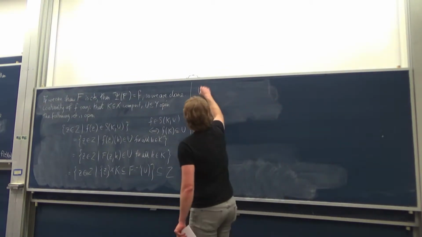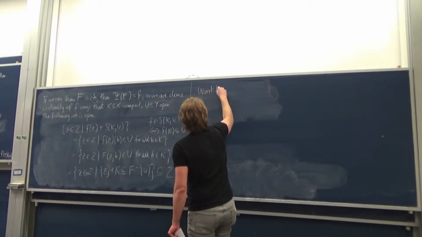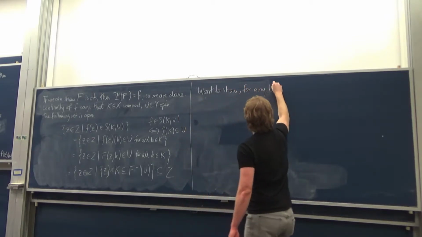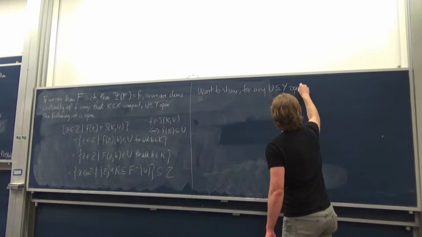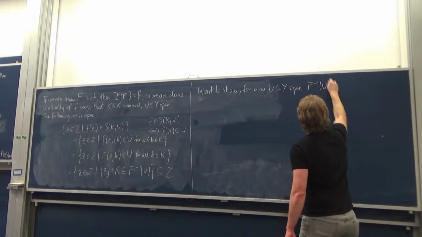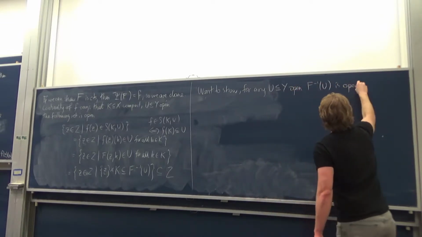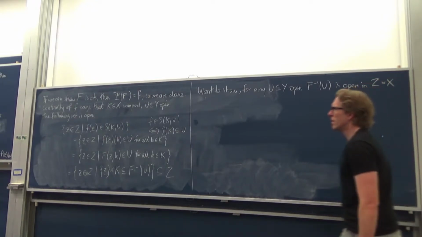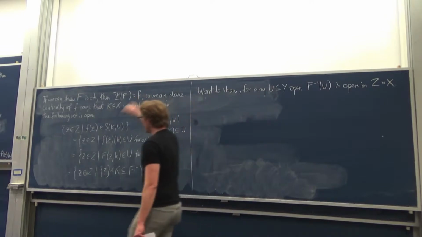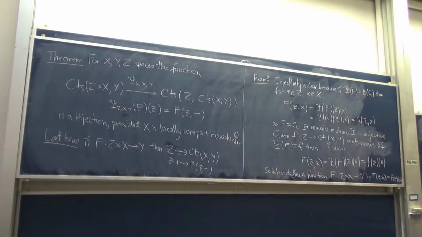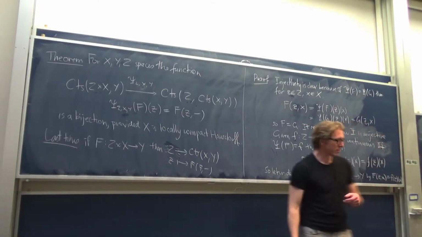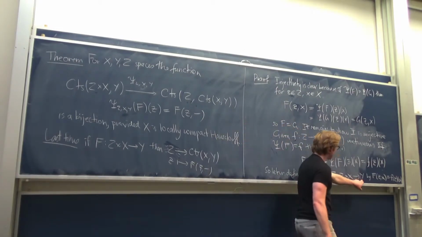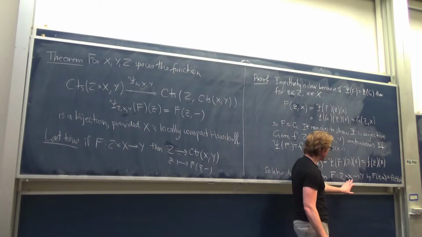Okay, so I want to show for any U in Y open that F inverse U is open in Z cross X. Forget about that now; U is just an arbitrary open subset of Y. So we want to prove its pre-image is open.